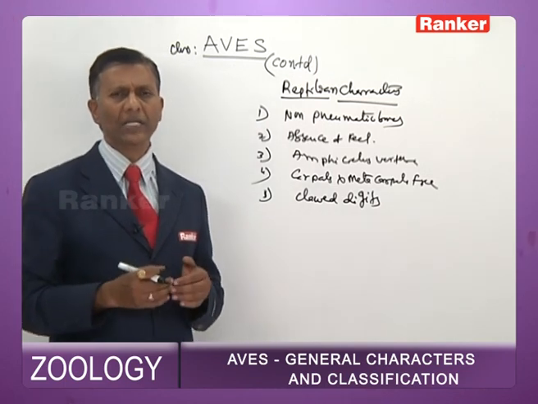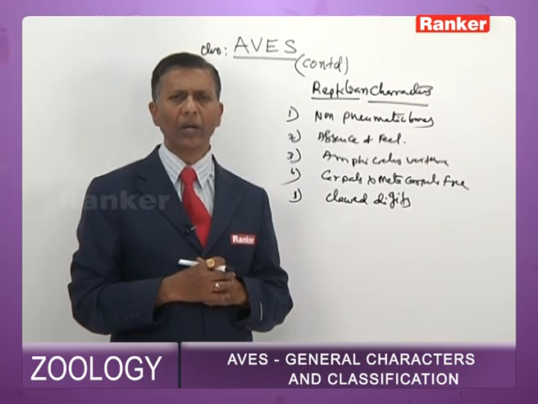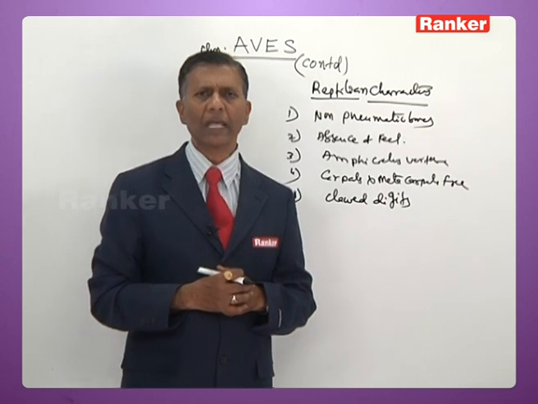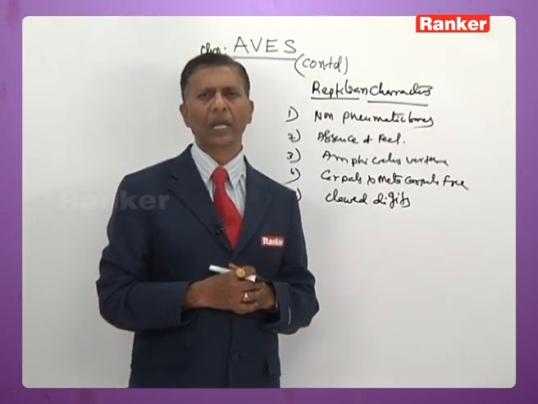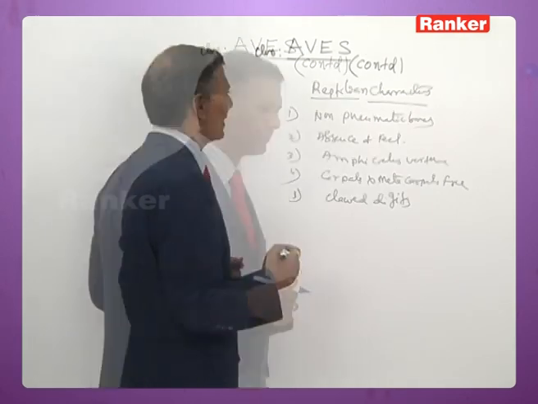That's why Archaeopteryx is considered a missing link or connecting link between aves and reptiles, and the type of evolution it exhibits is referred to as mosaic evolution.